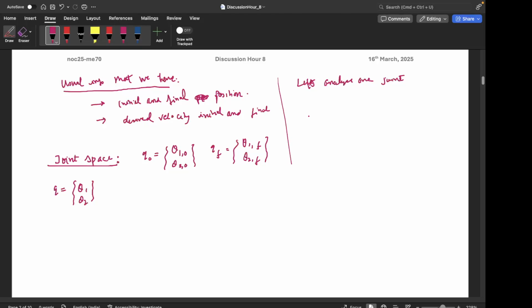So the first joint has initial value theta 1 0 and final value theta 1 F.